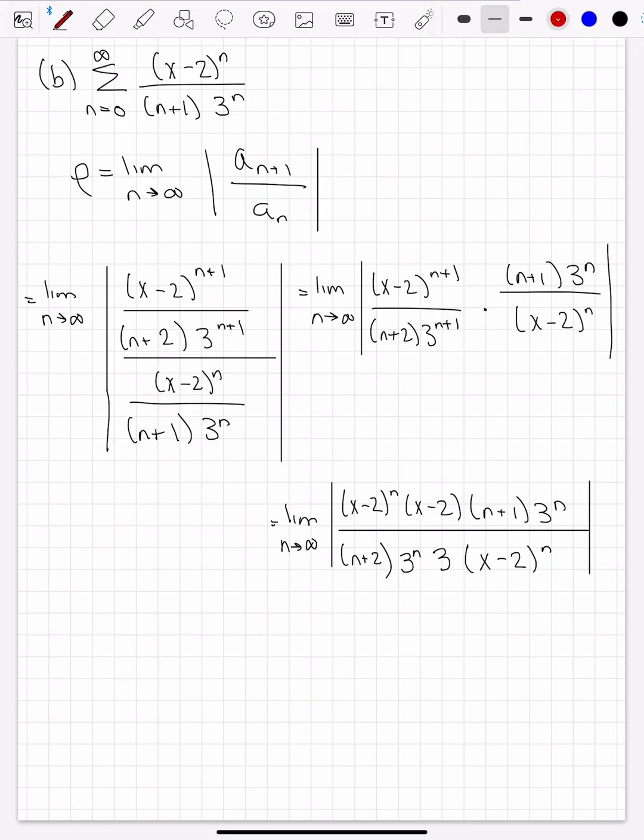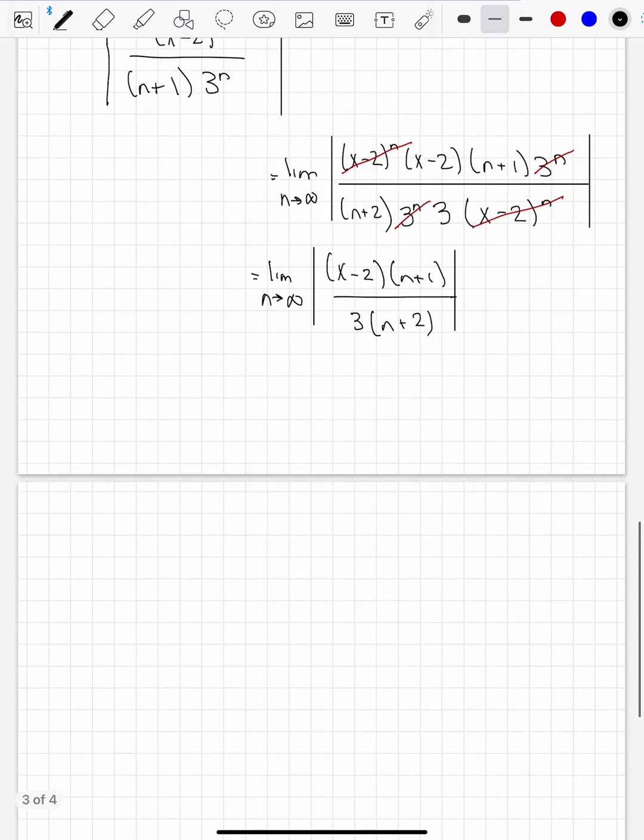So what's in common we can divide out. We can divide out those and the 3 to the n. Okay, so then what's left? In the numerator we have x minus 2 times n plus 1. Then in the denominator we have 3 times n plus 2.